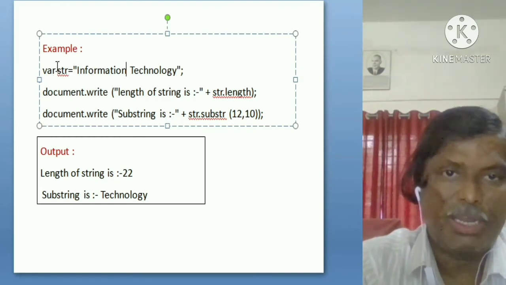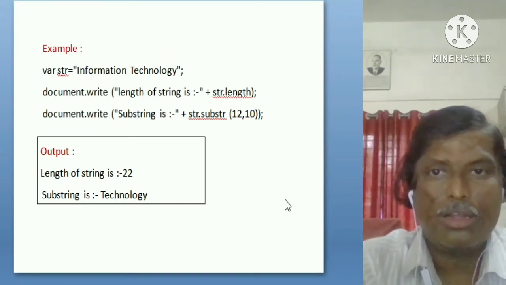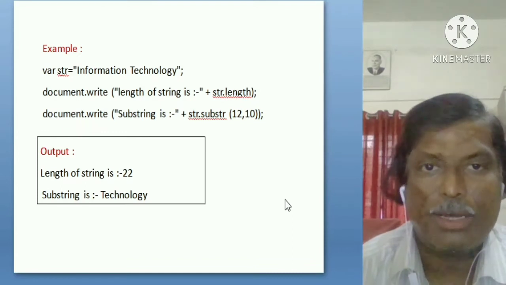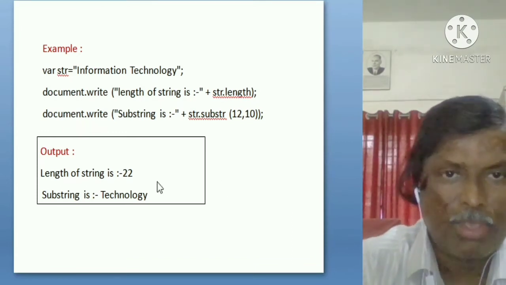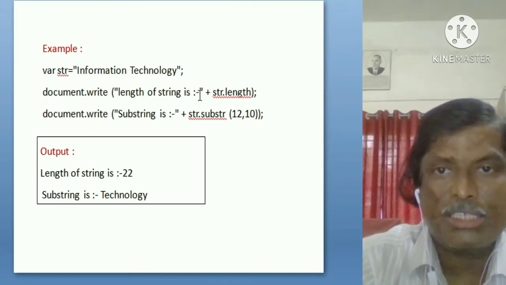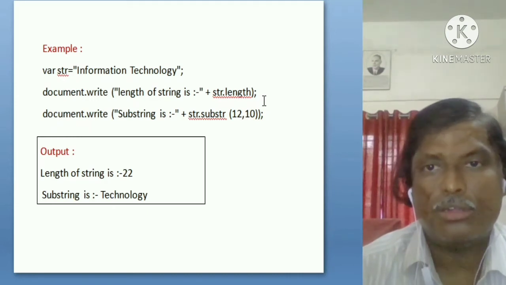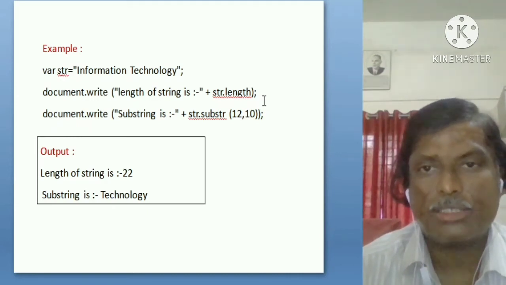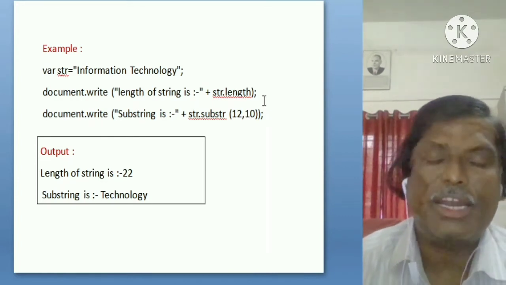So see the next example, document.write. Length of string is plus str.length. Now we are all aware of the instance of a class. By using the dot we are creating the instance.